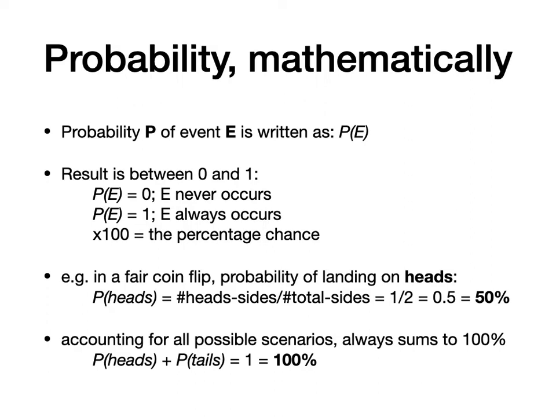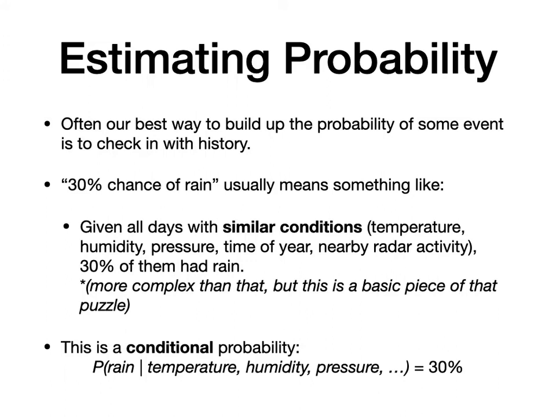Often when it comes to using probabilities, finding out what a probability might be, the best way that we have is to check with the history, checking the observations we have from the past.